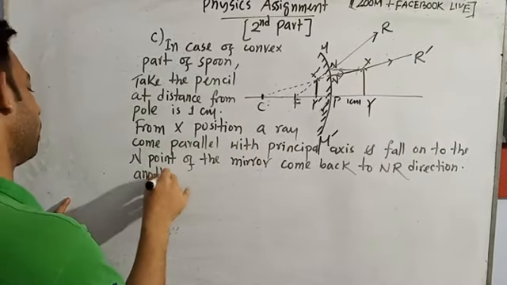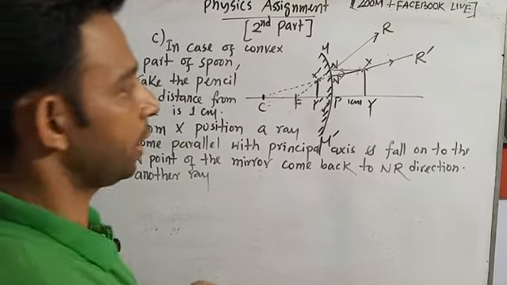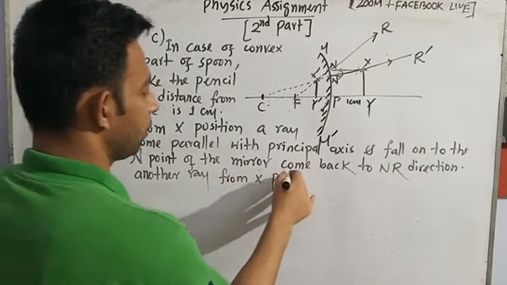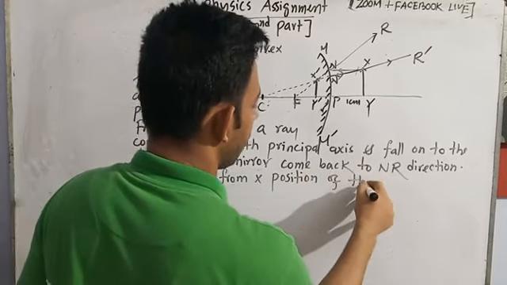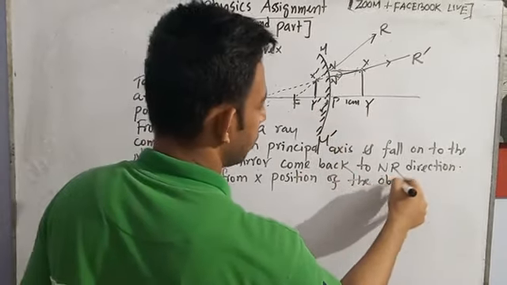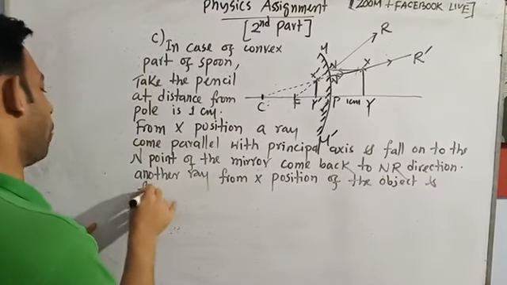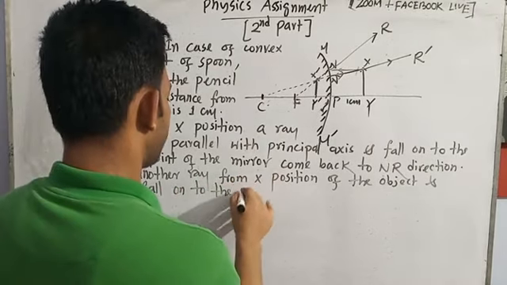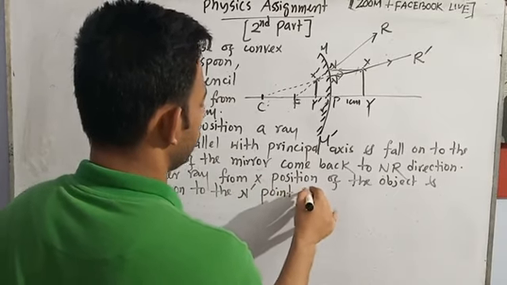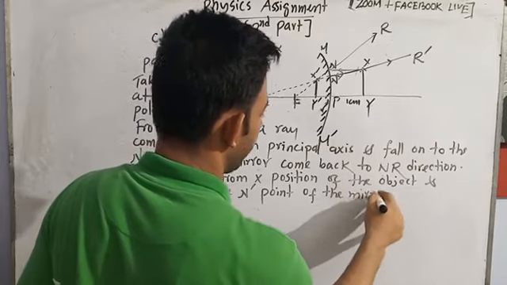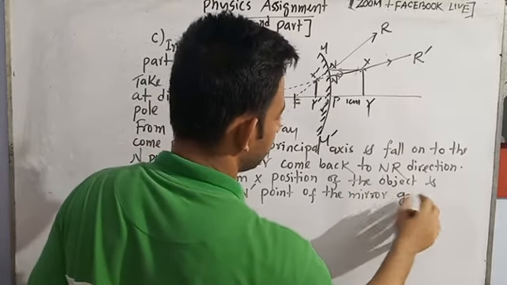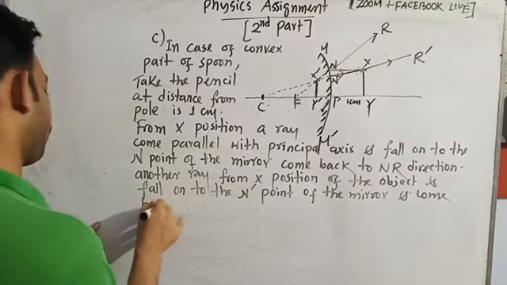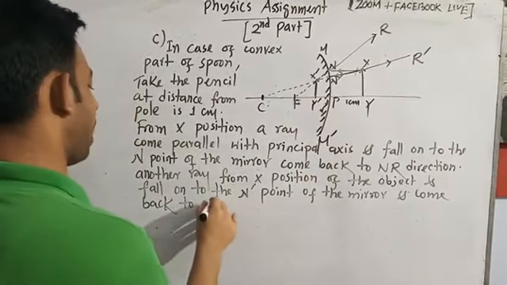Another ray from X position of the object falls onto the end prime point of the mirror, and comes back in the N prime R prime direction.